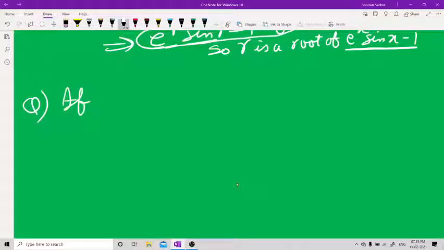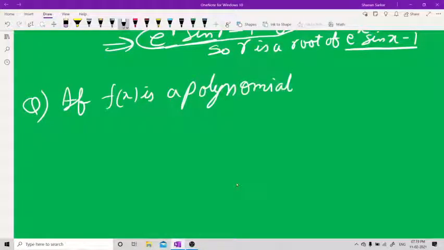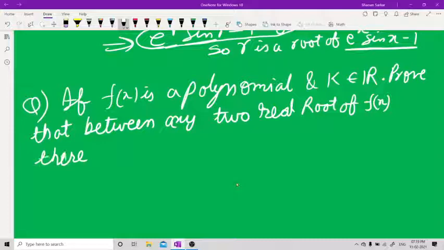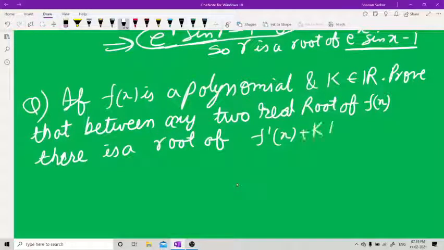If f(x) is a polynomial and k belongs to R, the real numbers, prove that between any two real roots of f(x) there is a root of f'(x) + k f(x) = 0, where this k is this k.